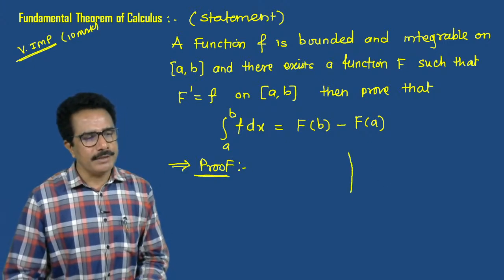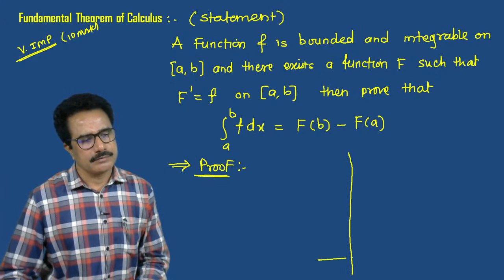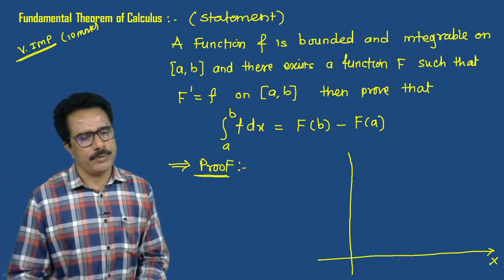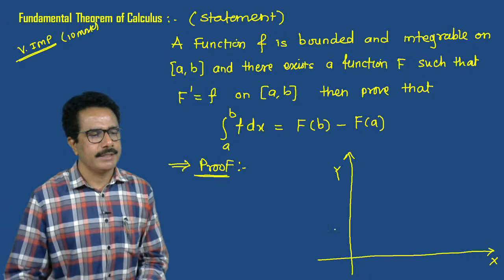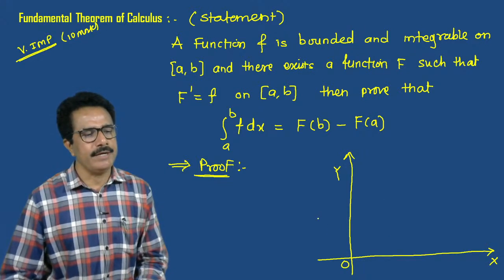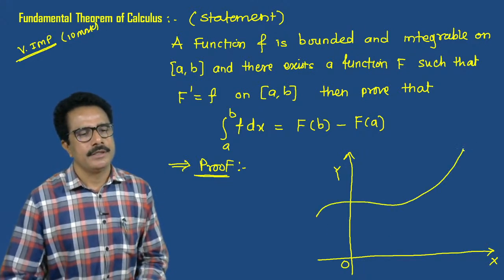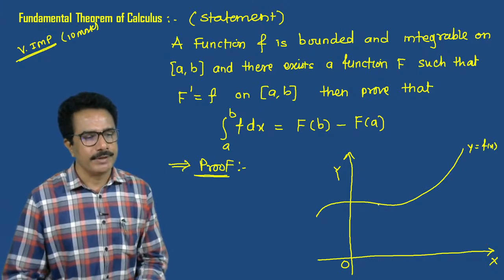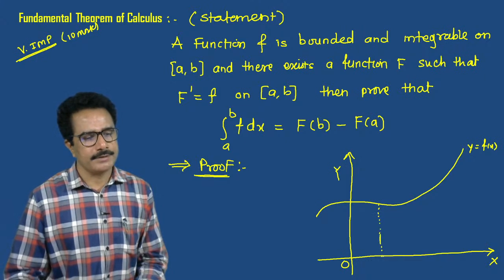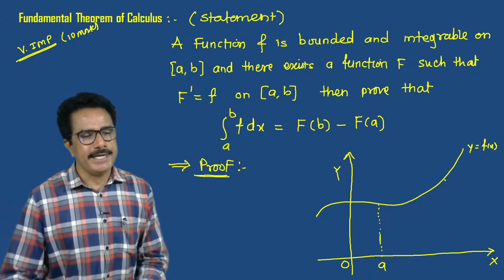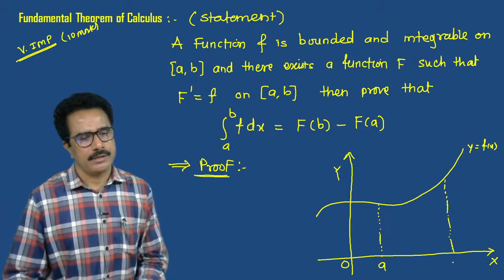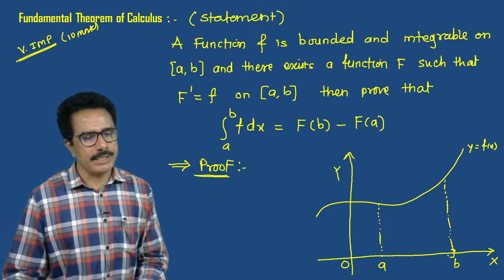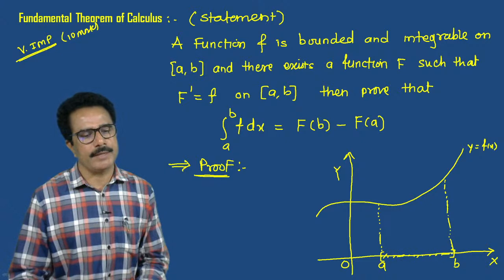See, here we have given, suppose this is the X axis, this is the Y axis, and one function, suppose y is equal to small f of x, be a function which is bounded and integrable on closed interval AB.